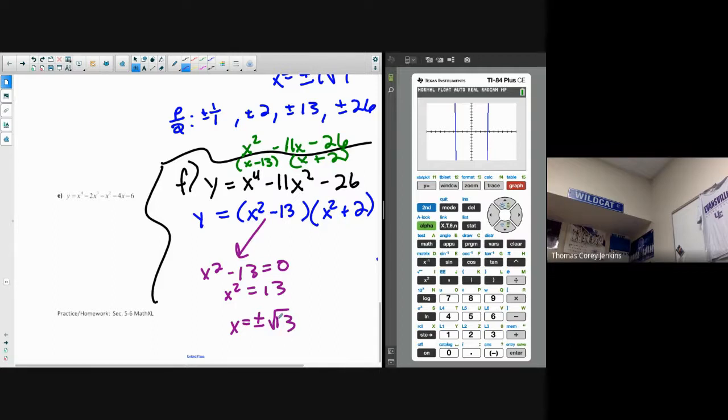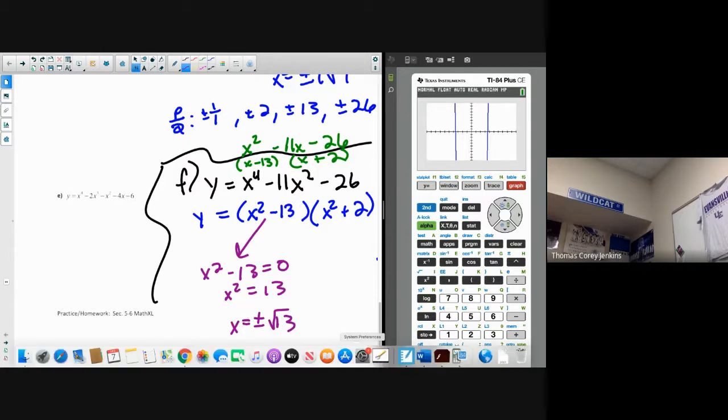That's between the square root of 9, which is 3, and the square root of 16, which is 4. So it's somewhere between 3 and 4, which seems to match up with what we see on our graph. This is between positive 3 and positive 4. This is between negative 3 and negative 4, right? Which would match up with this, okay?